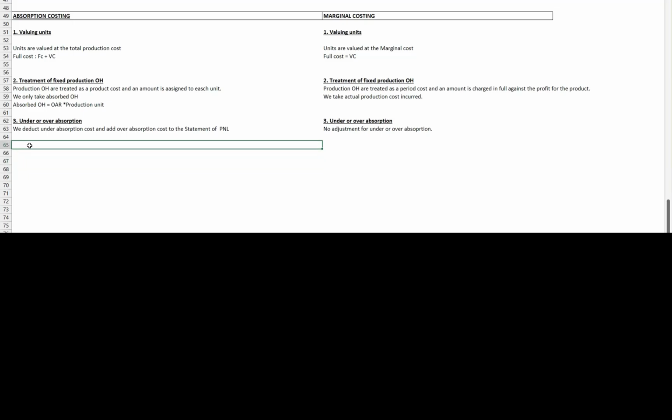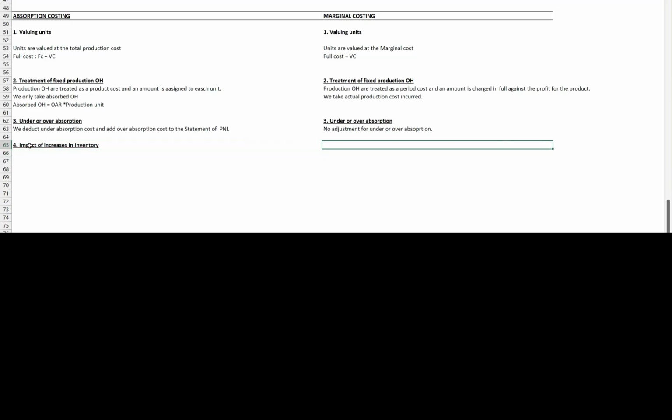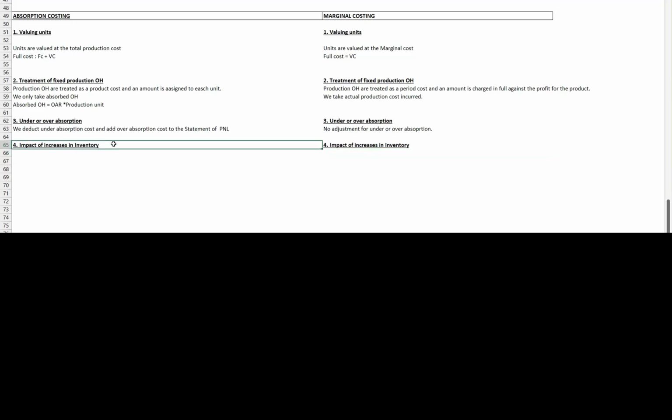Now, okay, so the fourth difference will be the impact of increase in inventory. So what does increase in inventory mean? What I mean to say? Basically, an increase in inventory means your closing inventory is more than the opening one.